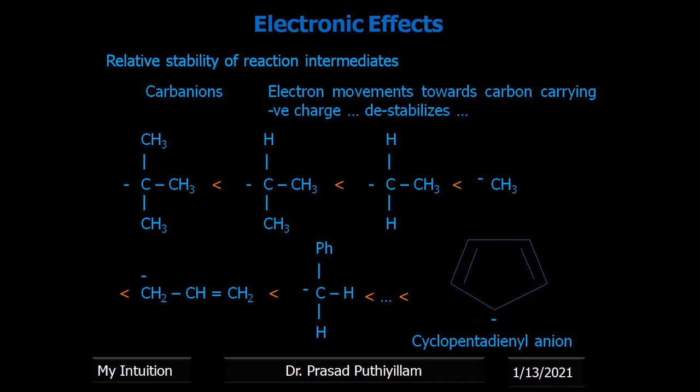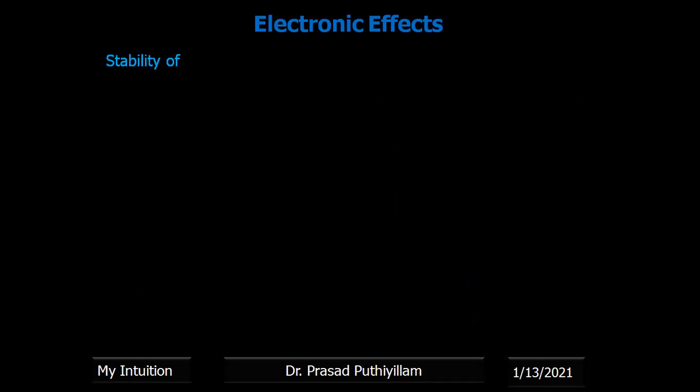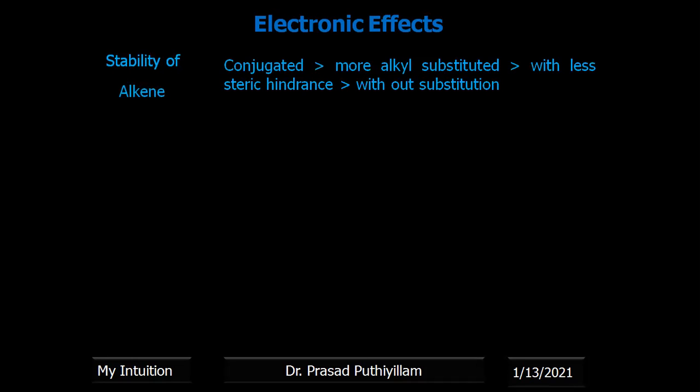Therefore, the stability of carbocations, carbon with a free radical, and carbanions can be explained with the electronic effect. Therefore, we can predict which compound will be the possible intermediate, and what the product of that reaction will be. Then next is the stability of alkenes. Alkenes are doubly bonded organic molecules, with a carbon-carbon double bond.